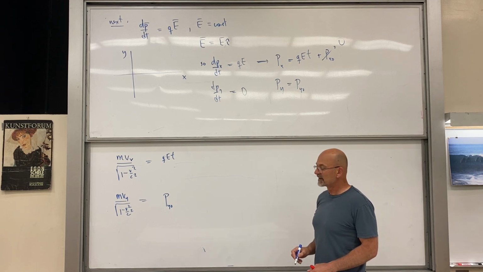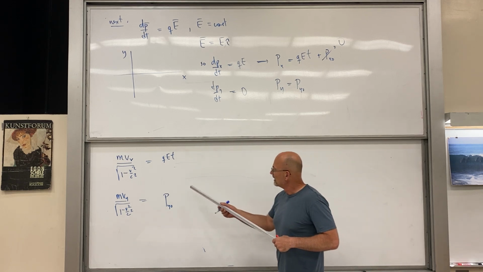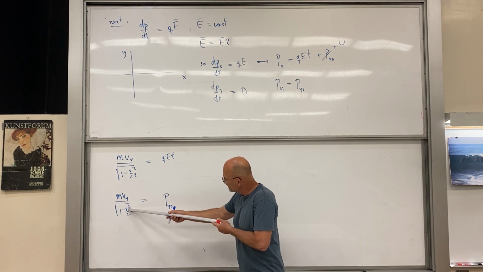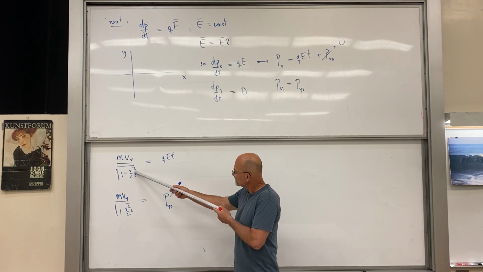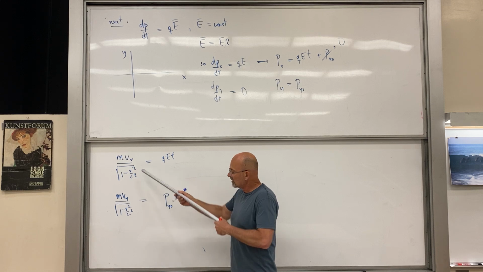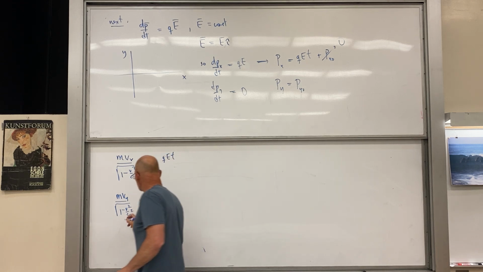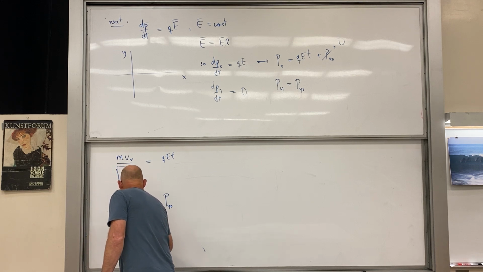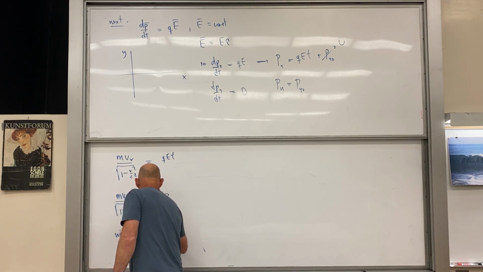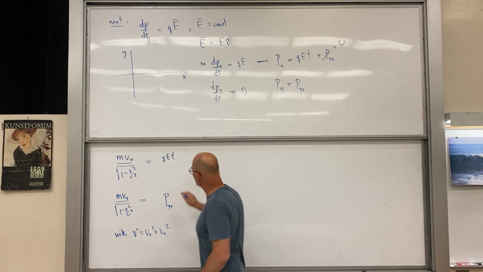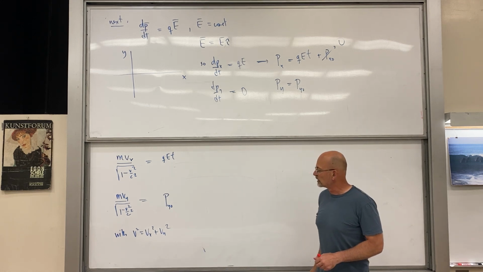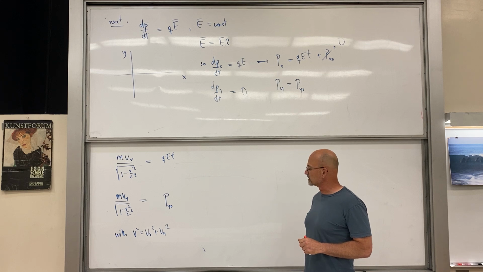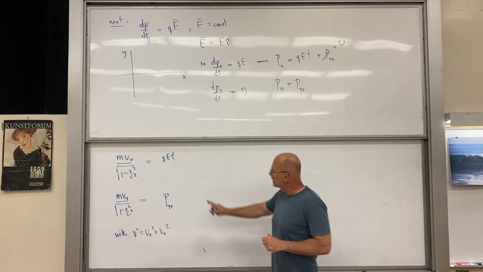Now here's the problem. These v squareds, top and bottom here, are equal to v squared equals v_x squared plus v_y squared. So these equations are coupled in a way that would be very difficult to solve. In fact, I'm not sure how I would solve it if I use these.